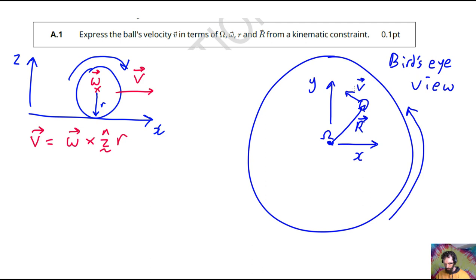Then we're going to have an additional component here because the table is rotating in addition to the ball rotating. So if we take the table's rotation into account, then we're going to have to add an extra term.